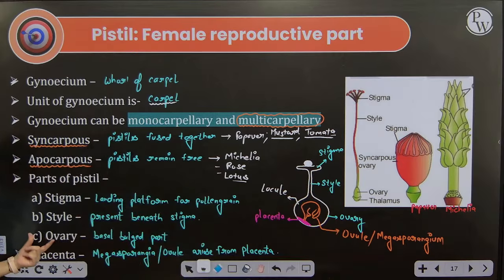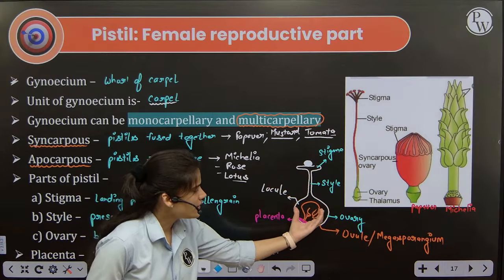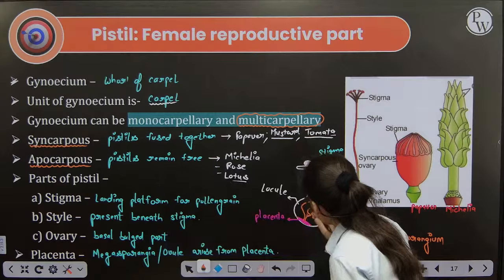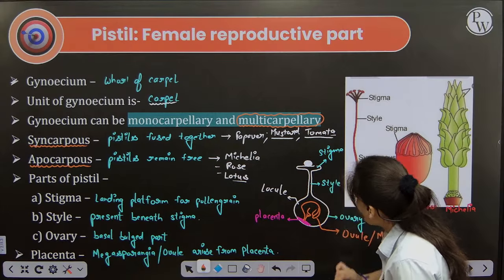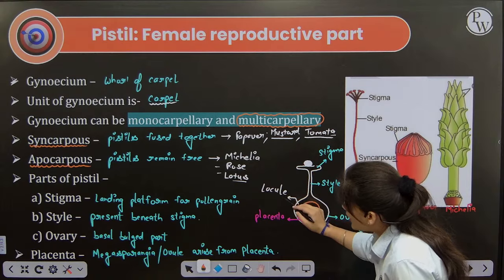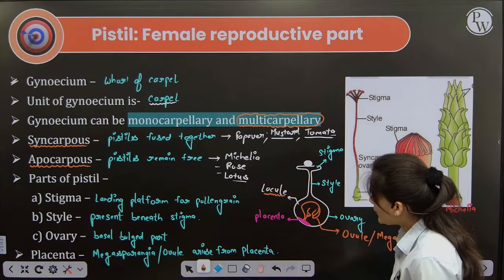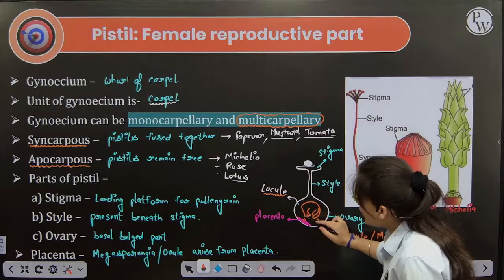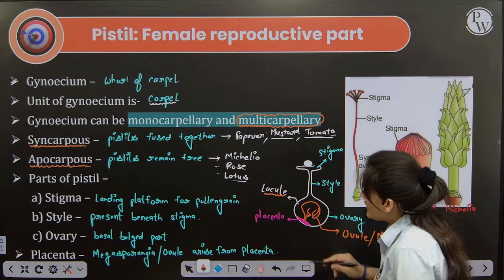Third part is ovary. Ovary is the basal bulge part. The space which is present inside this ovary is known as ovarian cavity, and another name of ovarian cavity is locule. Inside this locule there is a structure present, that is known as placenta.